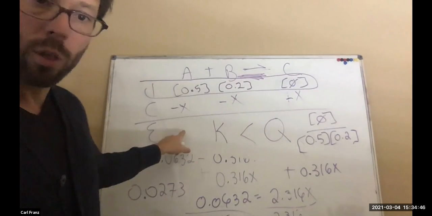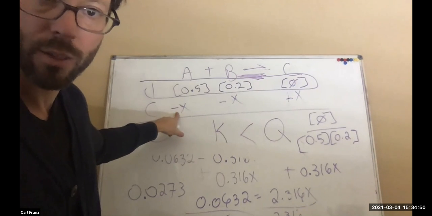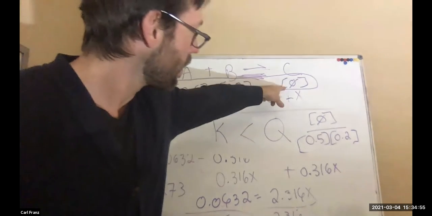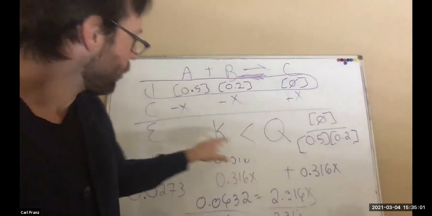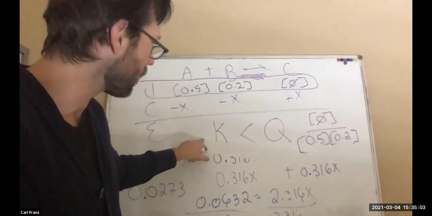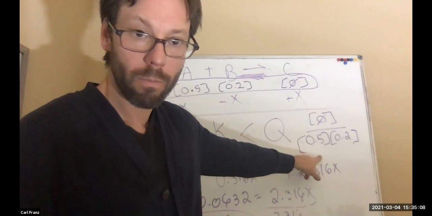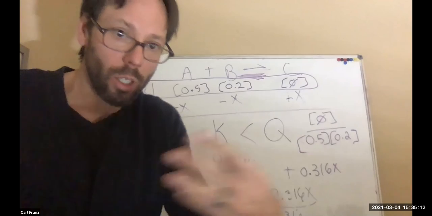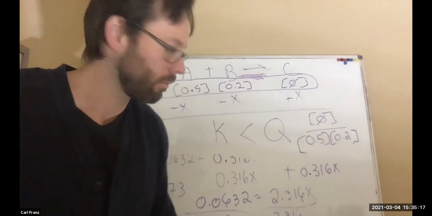And so our concentration at equilibrium would be 0.5 minus whatever the value for X is once we solve it, 0.2 minus the value of X, and then 0 plus X. And then if you took those concentrations and wrote them out as an equilibrium expression, it should equal your K that you were given at the beginning. So that's a good way to check and cross-reference and make sure that you did it right.